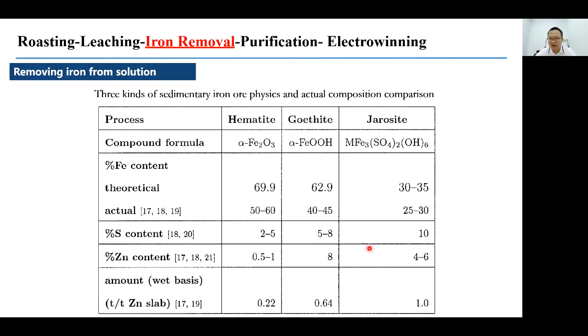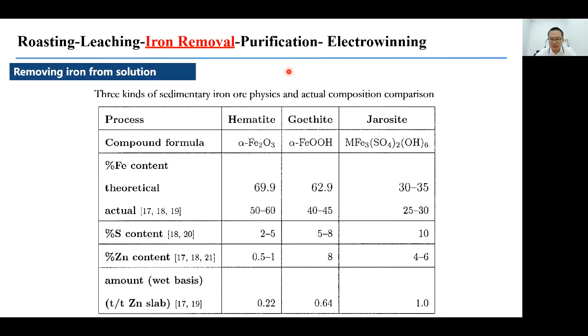All of them are produced in hydrometallurgical processes. They are porous, they contain acid, and they have heavy metals. So all of them are toxic solid waste. We should find solutions for them. And the amount is around 220 tons of hematite residue produced when we are producing 1 ton of zinc, and the ratio is 1 when we are producing jarosite.